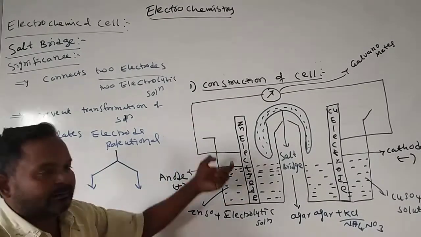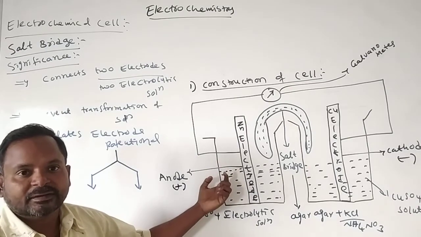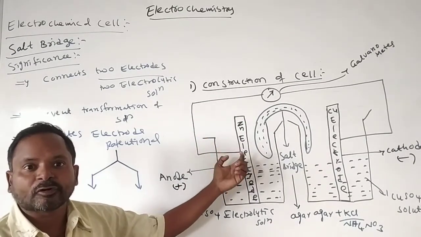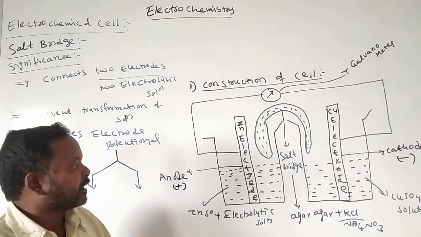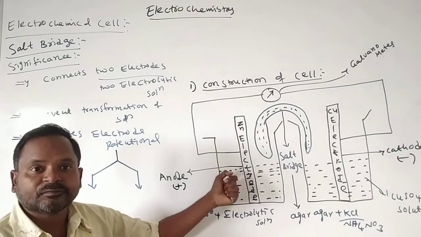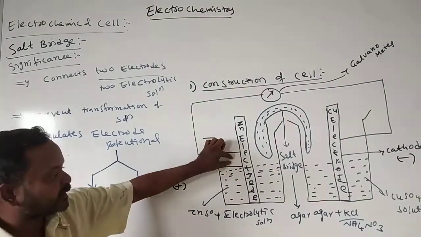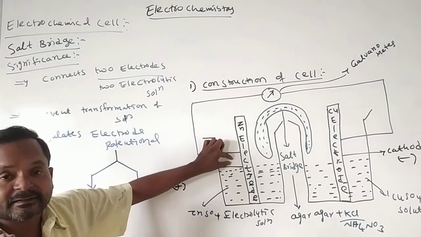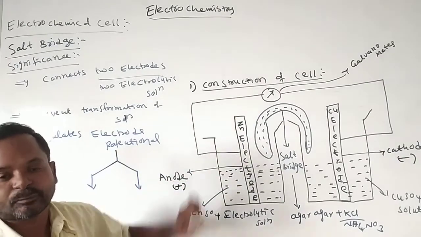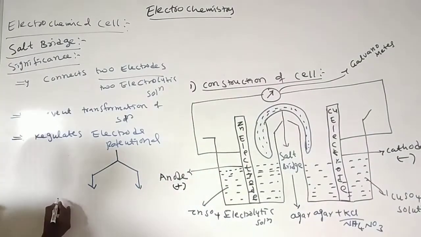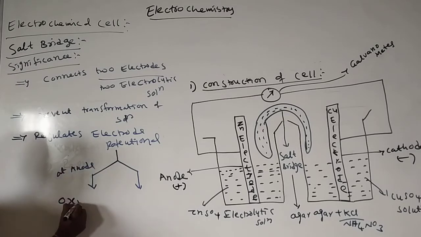When it is observed at the anode, we call it anode potential, and the other one is called cathode potential. Always at the anode we observe the oxidation reaction. The potential exerted by the oxidation reaction we call oxidation potential.